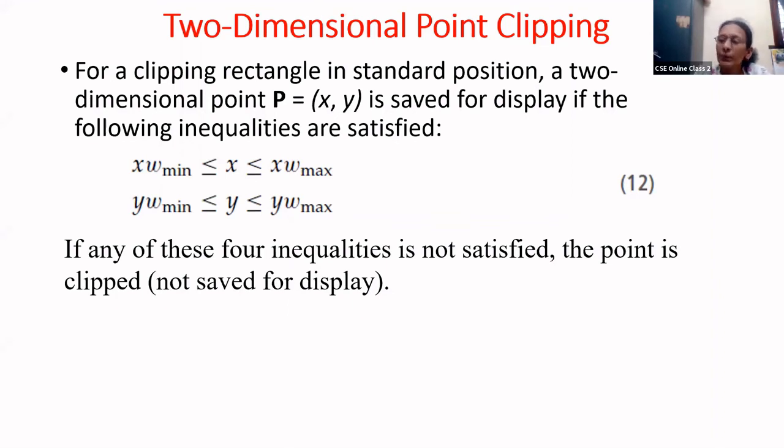If the point satisfies these 4 inequalities, it is inside the clipping window and will be drawn on the screen. If the point does not satisfy even one of these inequalities, that means the point is outside, and we cannot draw it. It cannot be shown on the screen.